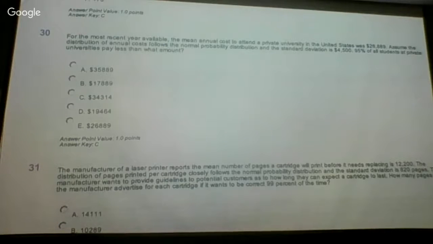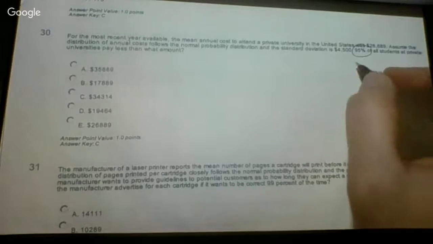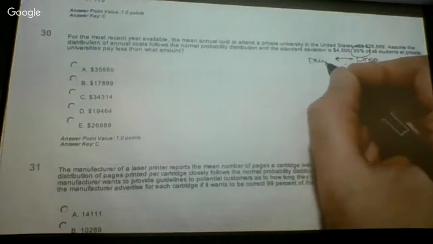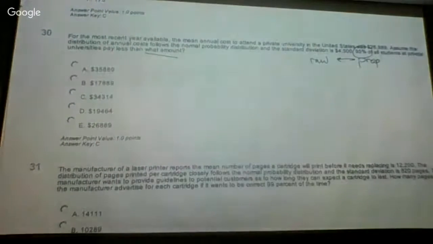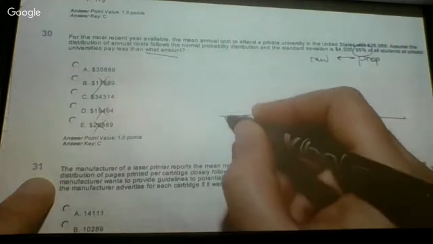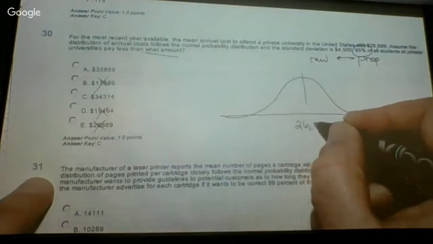We're given 95%. We're going to have to work from that proportion back to a raw score because we're talking about what amounts. And amounts should be in a raw score. We have a mean, and in the middle is the mean of 26.8.